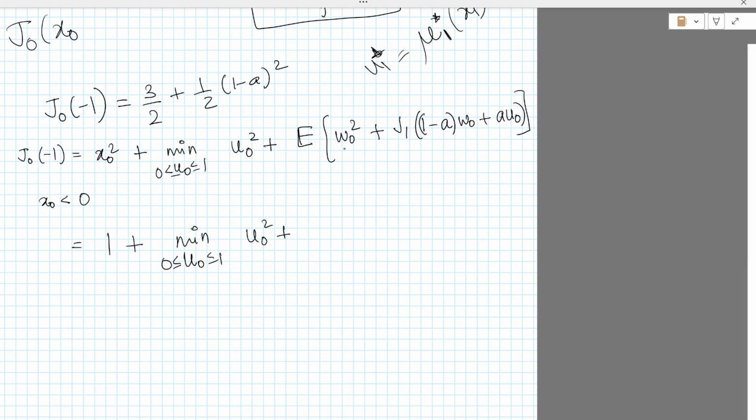So this expectation will go and w naught will become 0. So it will be plus j1 of this. So w naught is 0 means j1 of a u naught.